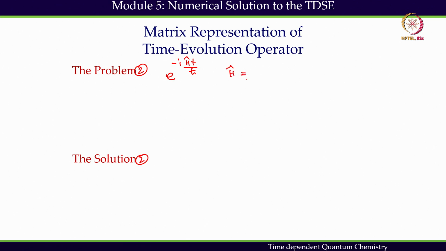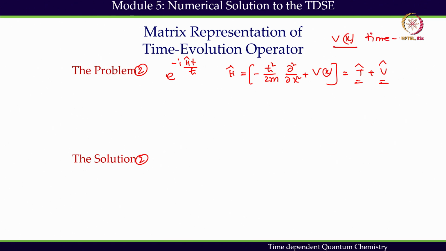The Hamiltonian operator is nothing but the summation of the kinetic energy part, which is given for a single particle one dimensional problem. Still we are dealing with a single particle one dimensional problem, plus V(x), that is the Hamiltonian we have, which means I have a kinetic energy operator plus a potential energy operator. There are two operators which are clubbed together to form this Hamiltonian operator. And we are still assuming that V(x) is time independent. We will come to the problem later where we will be dealing with time dependent V.